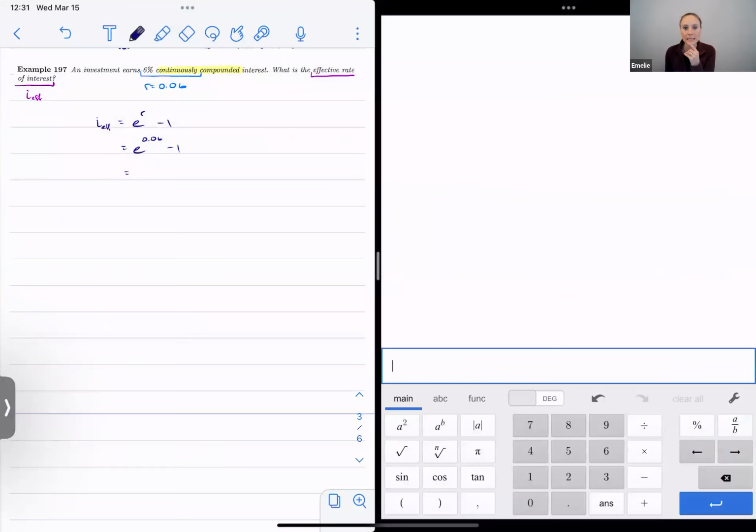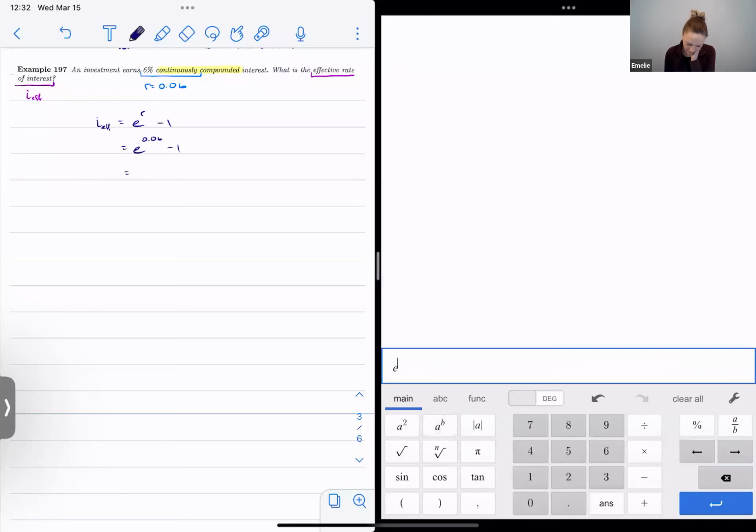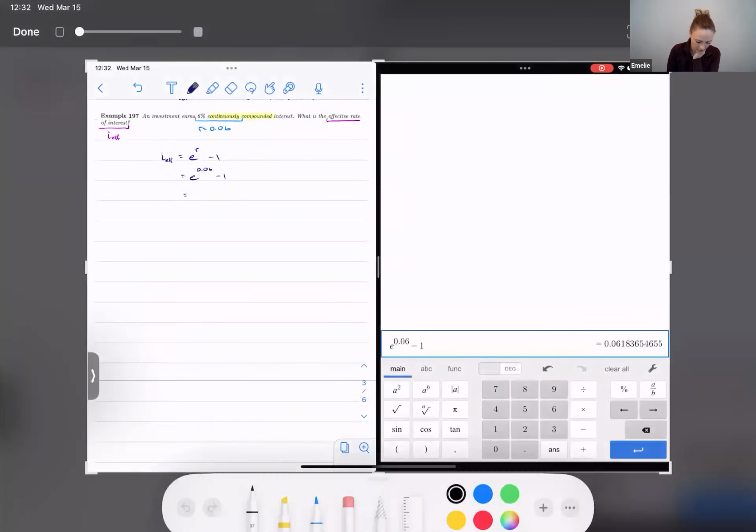To get e, it's a special function, so I need to go to the function, and then there's this italicized e in the lower right-hand corner-ish, e to the power of 0.06, then step it down minus 1. Oops, I didn't step it down. There.